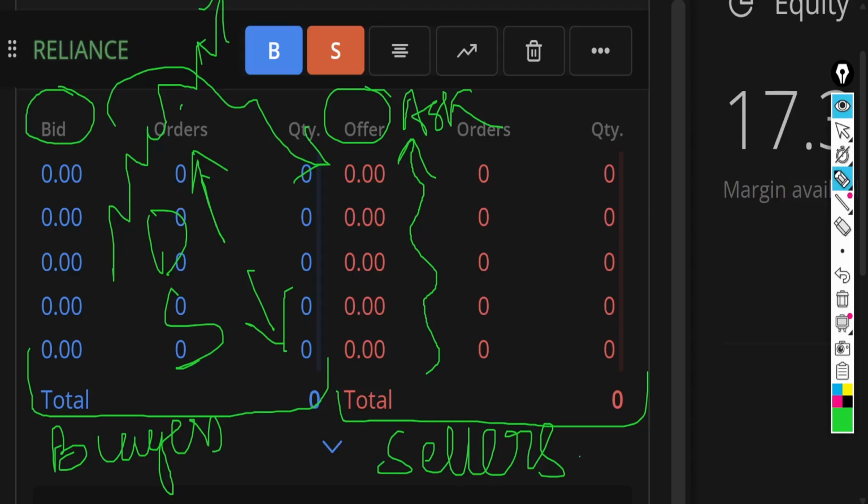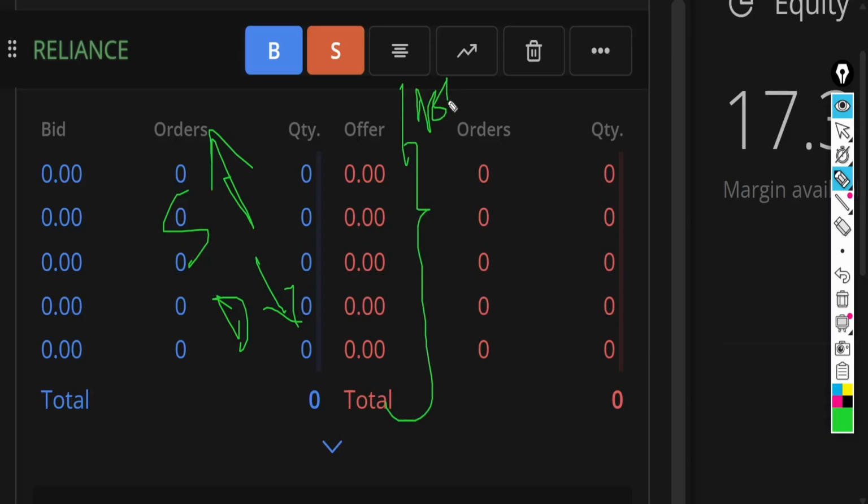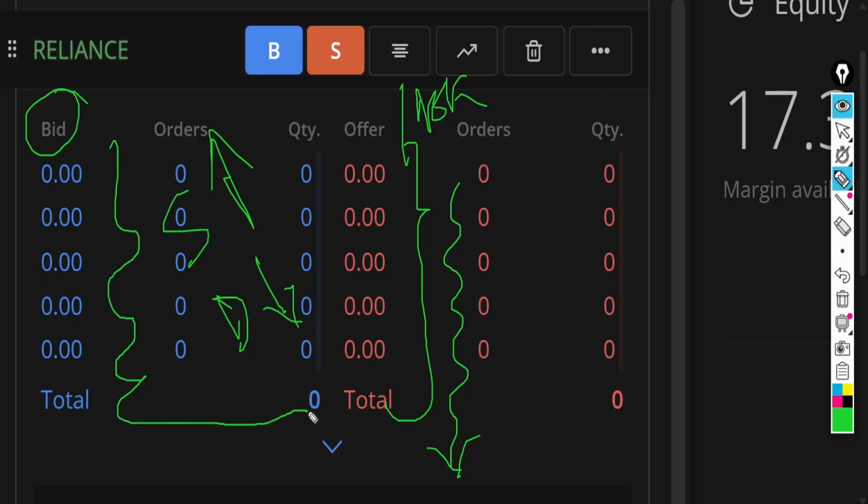In the other case, where supply is high and demand is less, the offer or ask prices will generally be brought down by the sellers, and the bid price will come down to match the prices offered by sellers, and the stock price will come down.